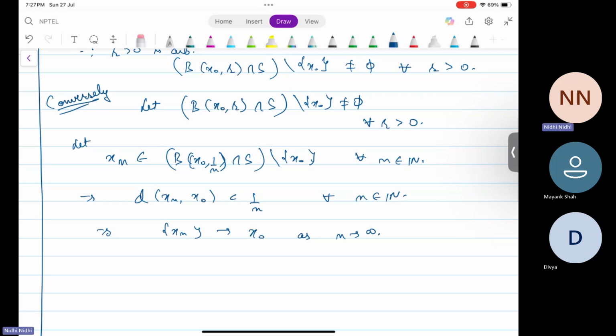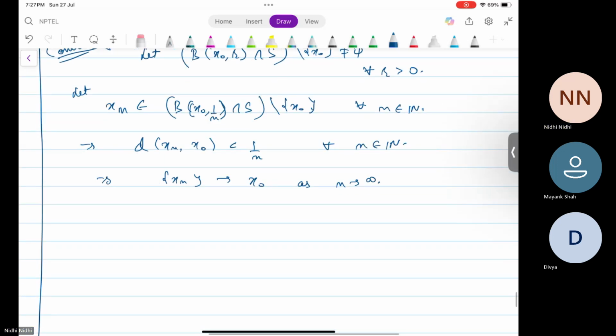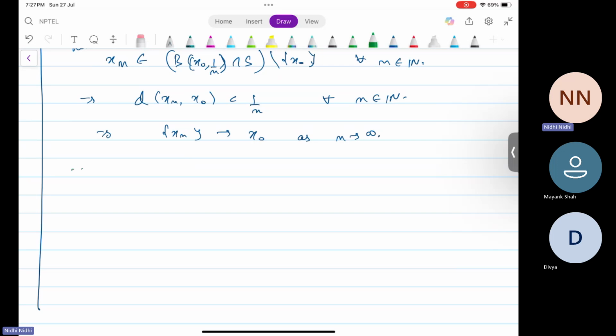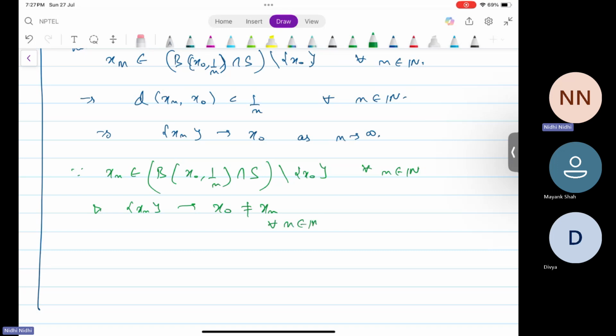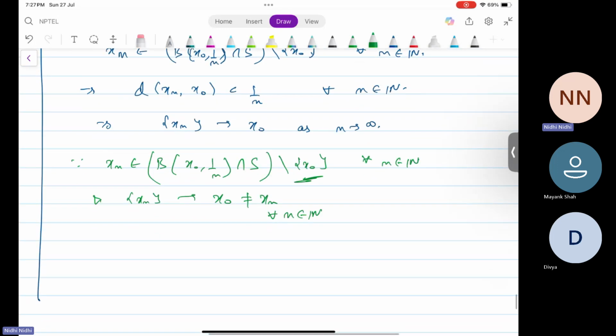Now, since xn belongs to B(x naught, 1/n) intersection S minus x naught for every n in N, and xn converges to x naught, which is not equal to xn for every n, because all the terms are taken from this set.